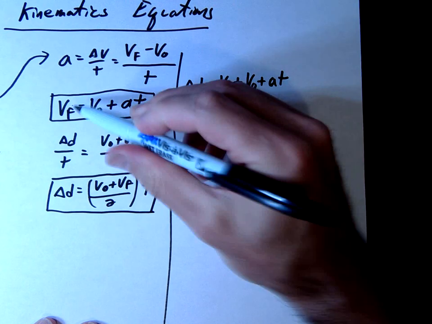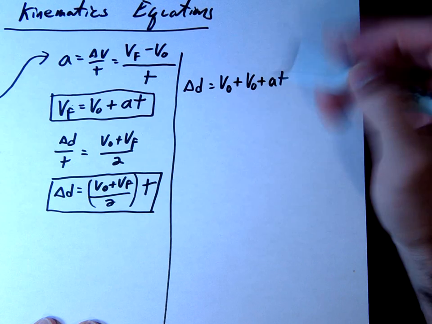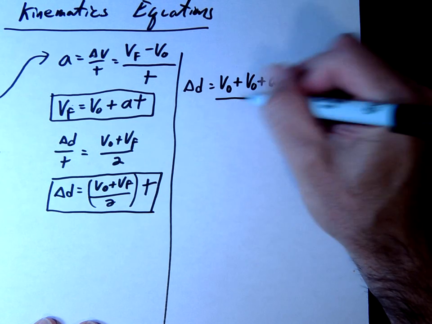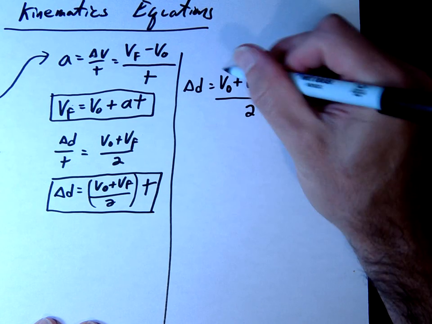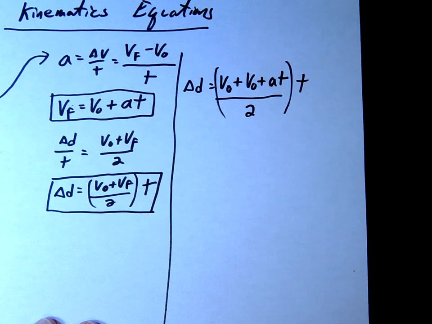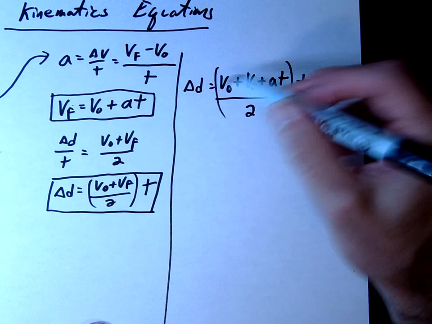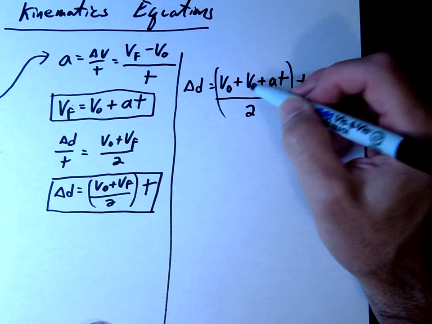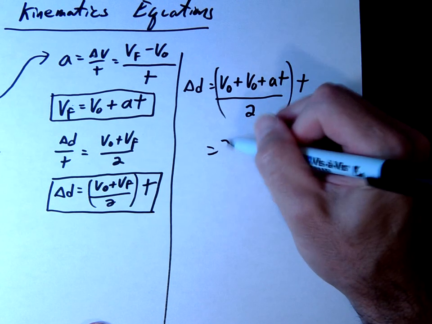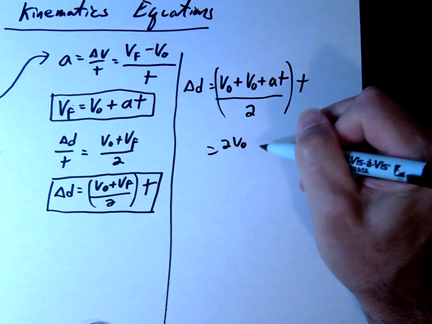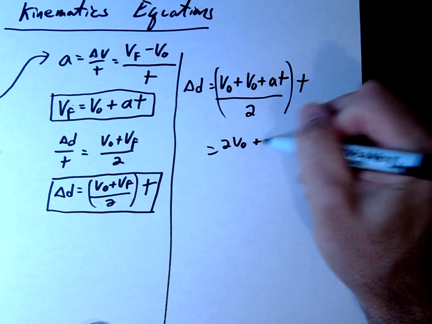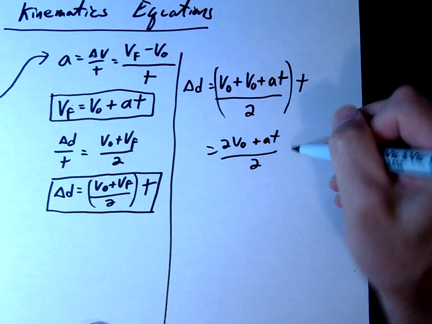This is the substitution of this vf right here. We'll divide it by 2, and then multiply that whole thing by t. At this point, we're just going to do a little bit of algebra. vo plus vo equals 2vo, so that's 2vo plus at over 2 times t.